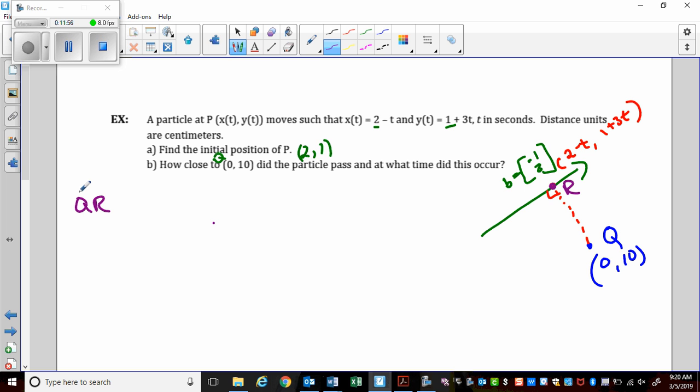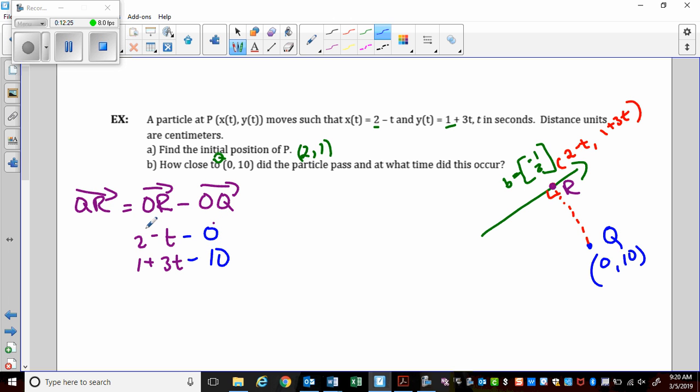Q to R is R minus Q. And R, we can use our position. So 2 minus t and 1 plus 3t. And then subtract Q, which is 0, 10.